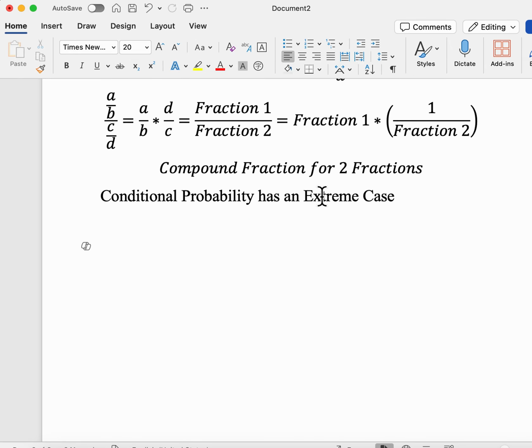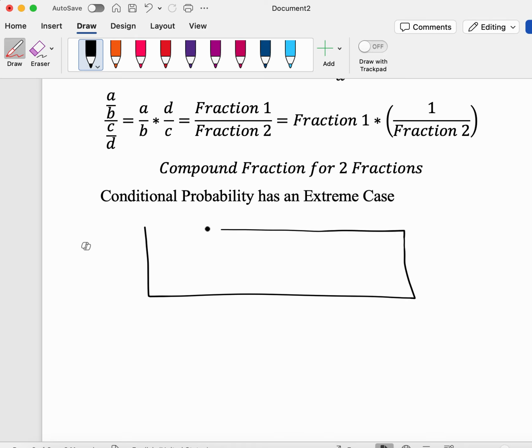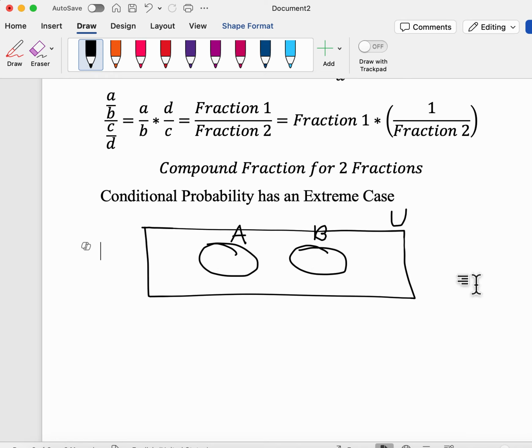So the simplest drawing that represents this is a universal set U, and then I have the set A here, and the set B here, and they're separate from each other. 2 separate circles, like 2 chains which have been detached from each other. I can shade them in different colors if I want. Does shading A depend on shading B, and vice versa? No, it doesn't. I just shade A and I shade B separately from each other.